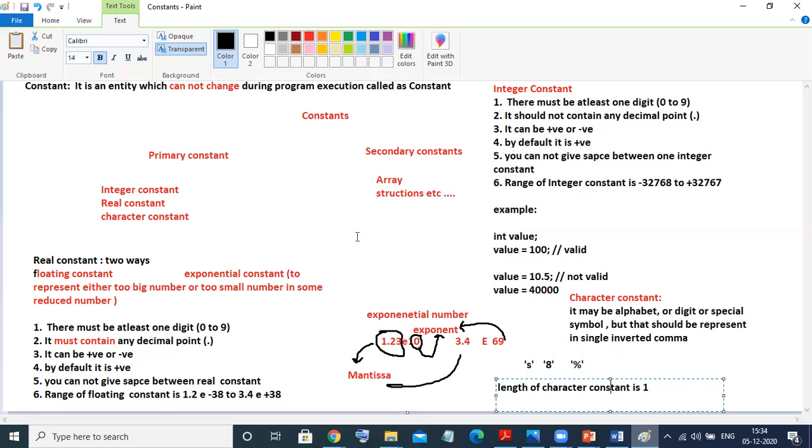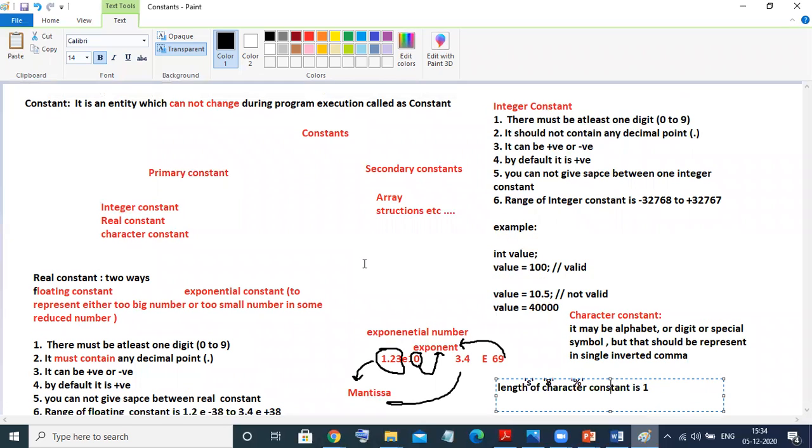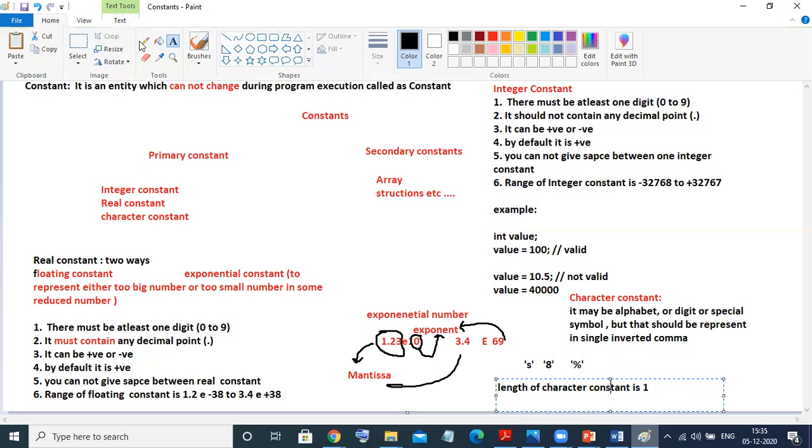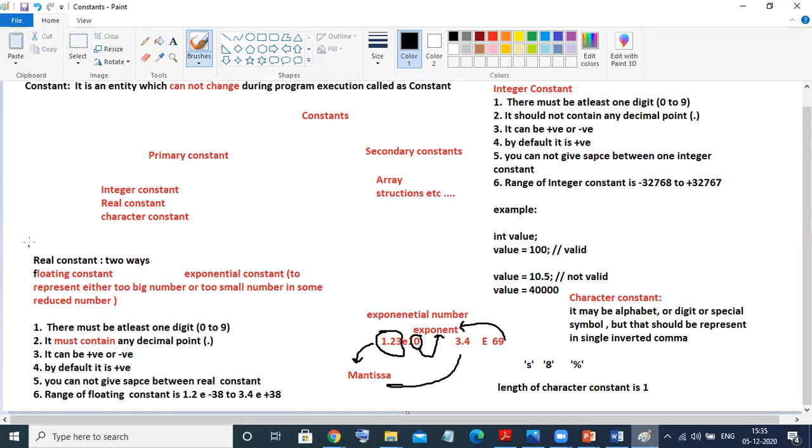So that's it. In this lecture, we have covered what exactly is meant by constants. Then we have seen the types of constants, then we focused on the primary constants first. Then we have seen what an integer constant is, and then real constants.